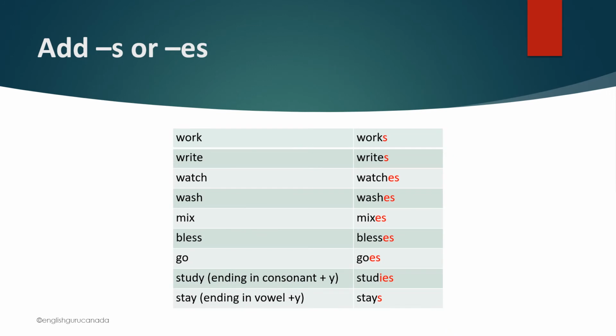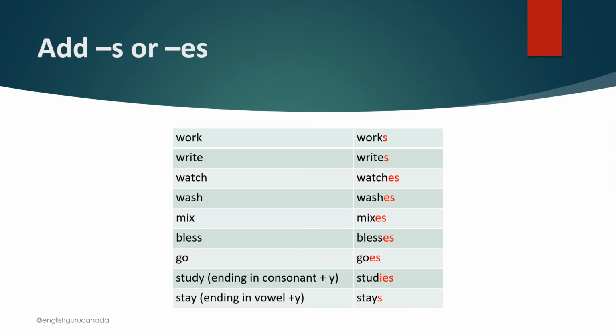So here I have broken down a few of the verbs to clarify whether you're going to be using an S or an ES. So we have here work, works, it takes an S with it. Write, it takes an S with it, writes. Watch, watches. Wash, washes. Mix, mixes. Bless, blesses.